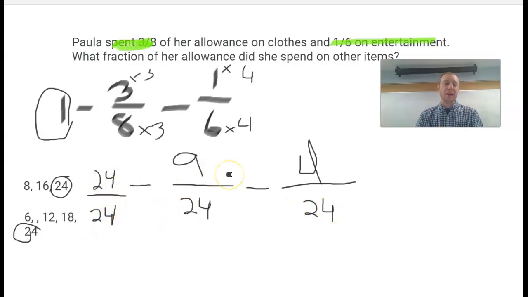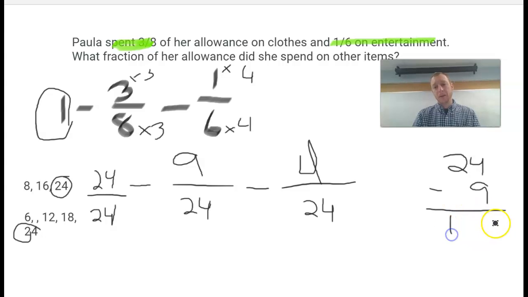What's 24 minus 9? Well, 24 minus 9 is 15, right? So here I have 15 24ths.